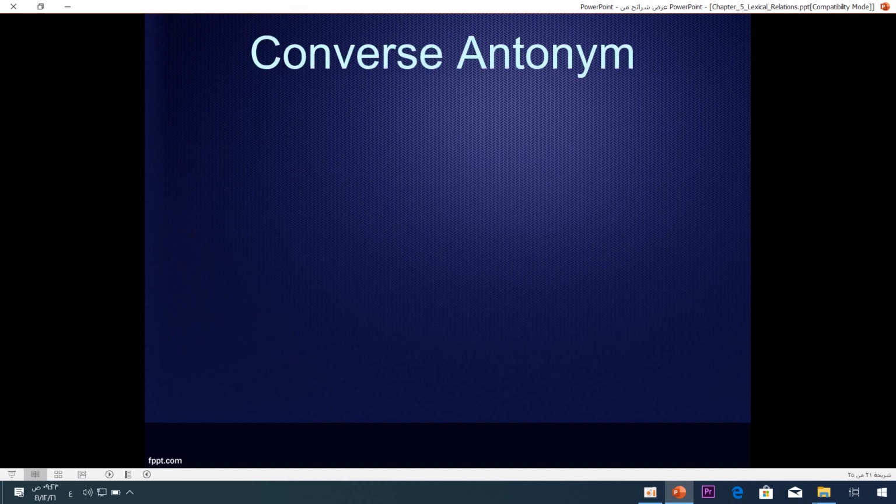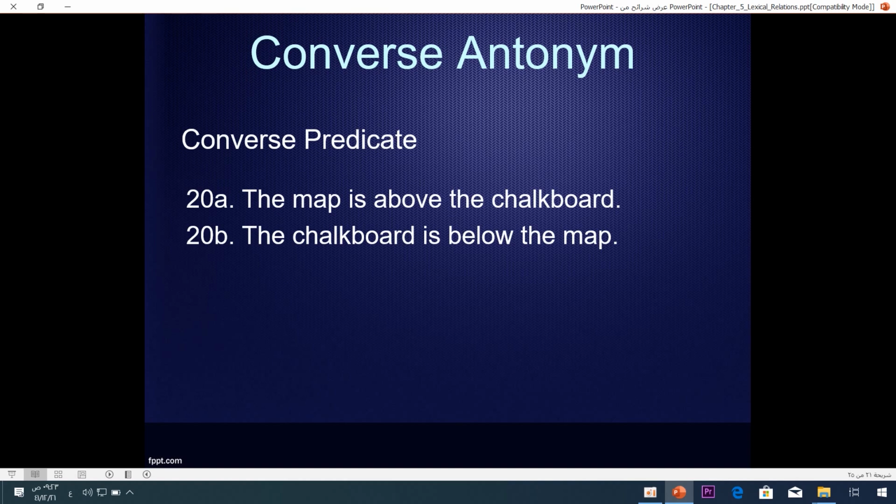And now converse antonyms. Converse antonyms are not difficult to understand. We have converse predicates. See this: the map is above the chalkboard. The chalkboard is below the map. As you see, we have this one above and we have below.